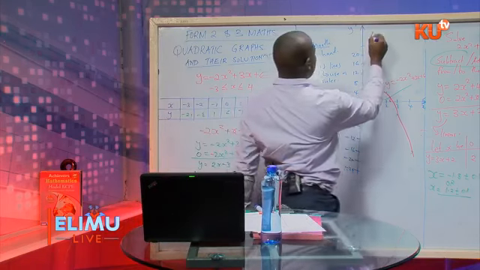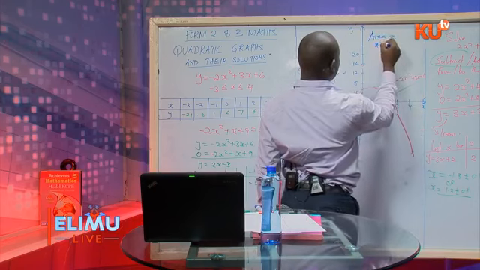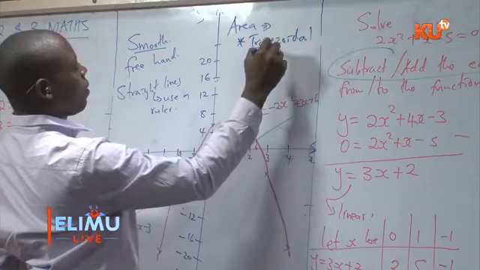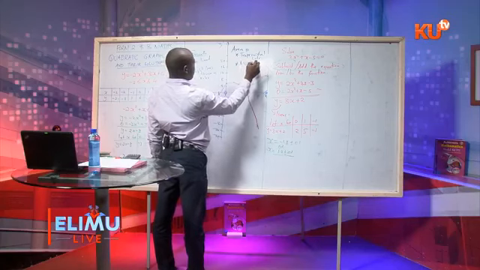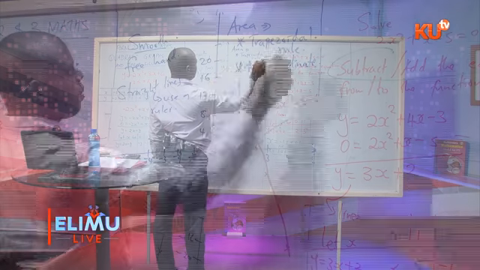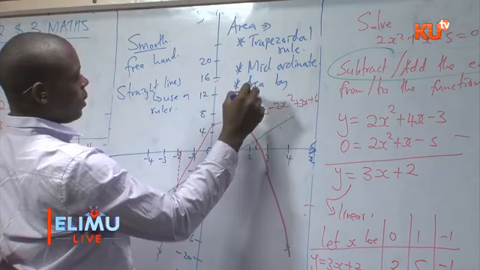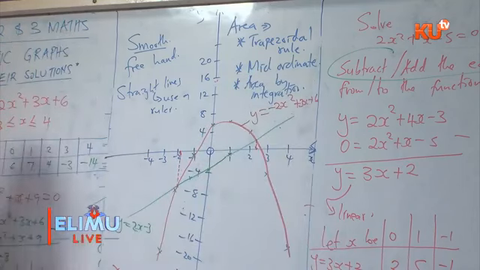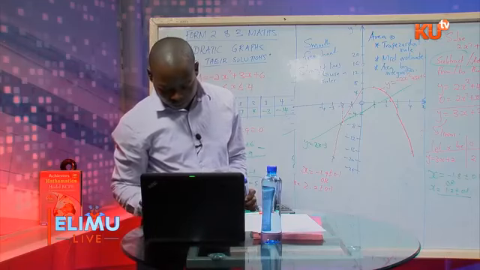The area is either, number 1, the trapezoidal rule, number 2, the mid-ordinate rule, and then number 3, area by integration. So it is possible, again, you can look at those other methods of determining area under the curve.